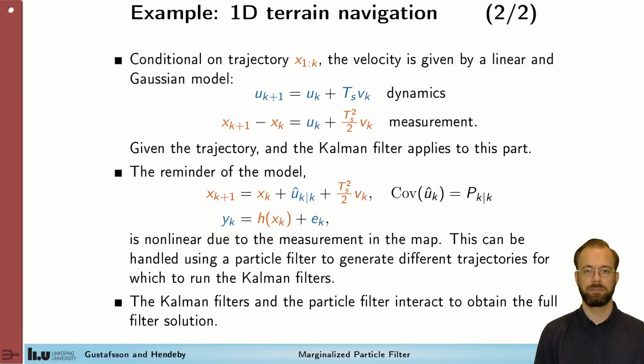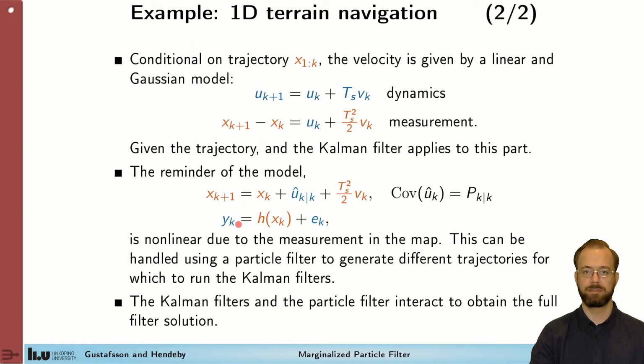Now, trying to put all this together and solve things in Kalman filter and particle filter parts, start by looking at these equations here. So we now condition on the position over time. We see that velocity here has linear dynamics, and given that we know the next position and the current position, which we can get from the particle filter, these are linear measurements that we can apply to the Kalman filter. So this part here becomes the Kalman filter part.